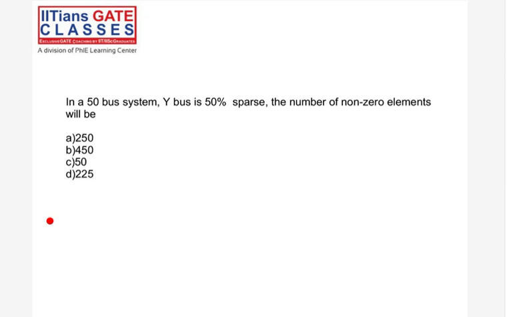Let me get rid of this poll and I will create a custom poll. Think about it. Don't go for option E immediately. Just think about it and let me know. For people who are confused, when they're saying 50% sparse, it means that 50% of the elements are 0.